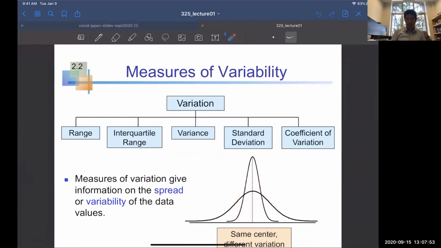And furthermore, I'm not sure if I'm going to talk about this or not, but sometimes the interquartile range provides a robust way of computing standard error.